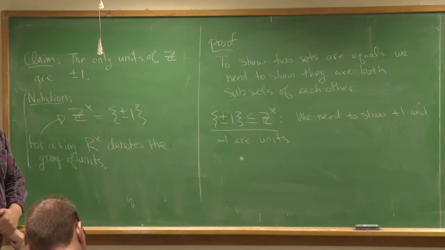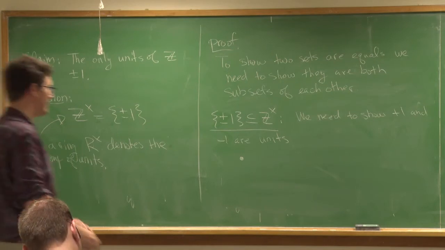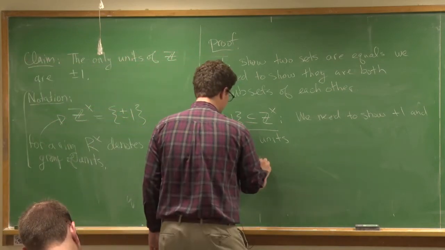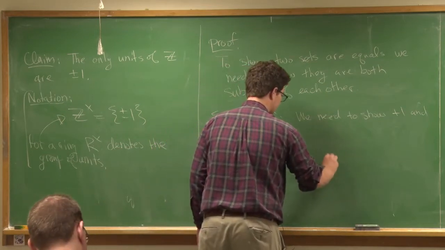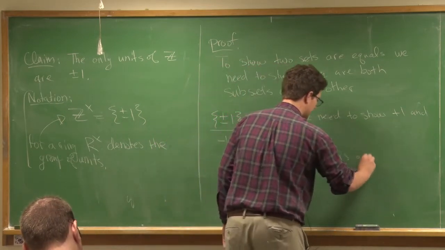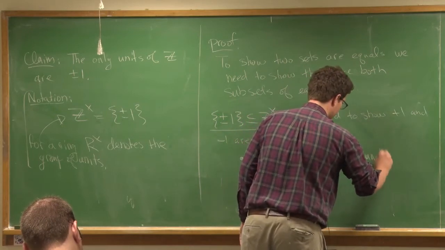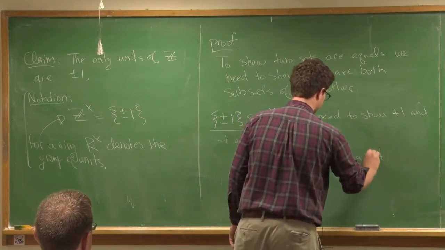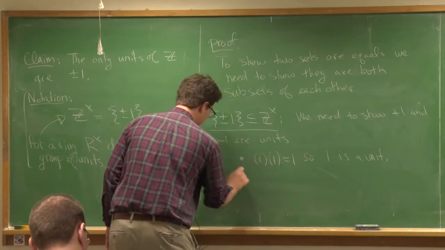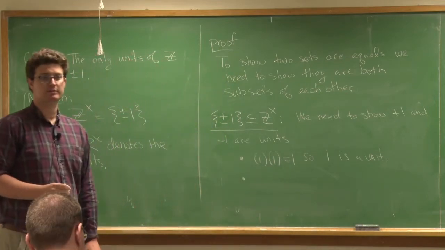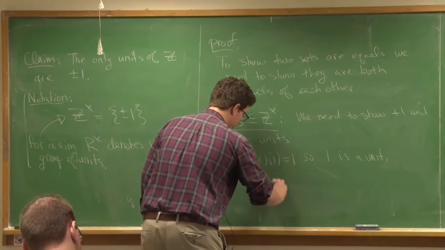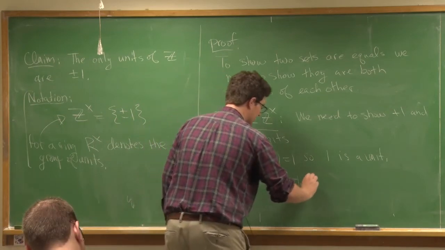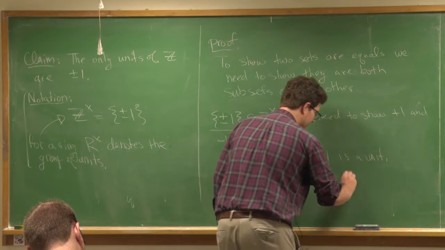So what's the multiplicative inverse of 1? 1, right? 1 times 1 is equal to 1, so 1 is a unit. So it's a member of the set of units. What's the multiplicative inverse of minus 1? Yeah, minus 1 times minus 1 is equal to 1, so minus 1 is a unit.